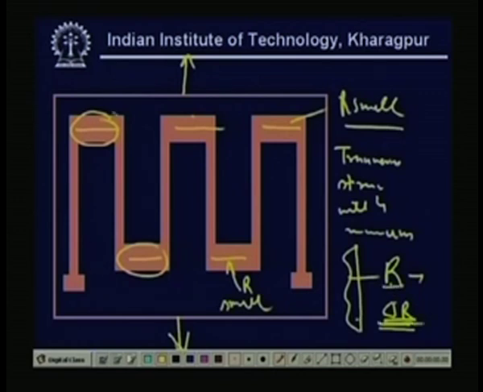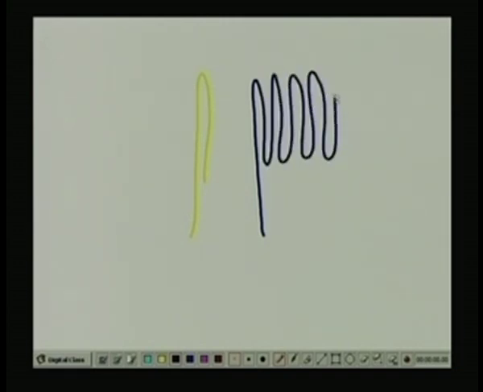So, that is why you have to make this type of funny shape in the case of strain gauges. This is very simplified; actually you will find there are several parallel lengths, so that the value of R should be substantial.